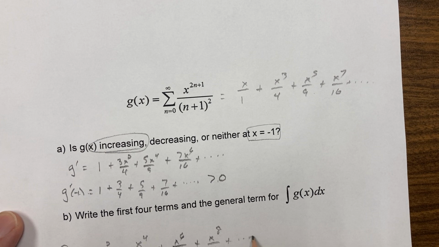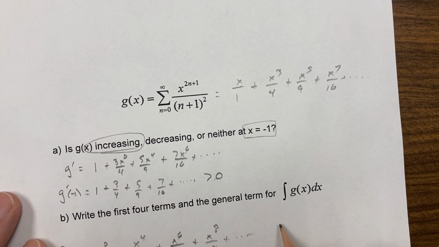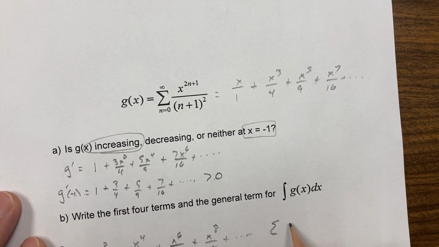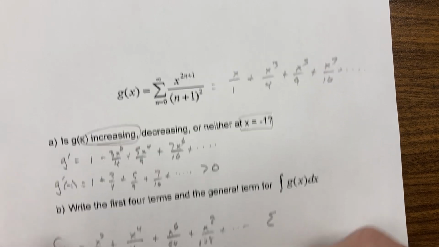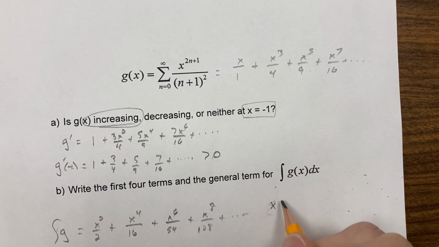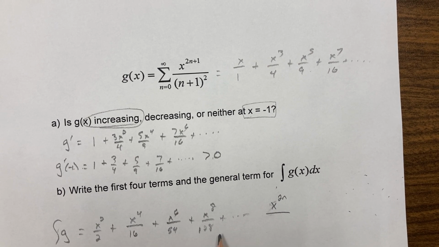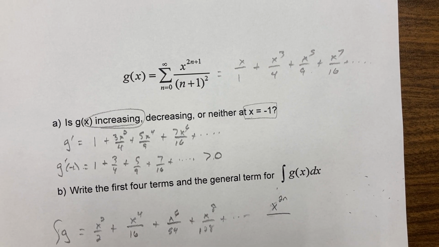All right, plus dot, dot, dot. Now those are the first four terms, that's right. But then to make a general term would be a little tricky. I know it's going to be x to the 2n, that part's easy. But then when you look at 2 to 16 to 54 to 128, that's a little less obvious, right?